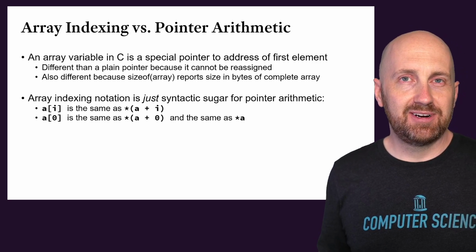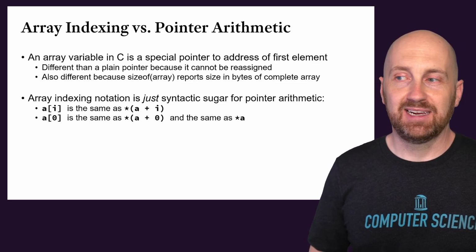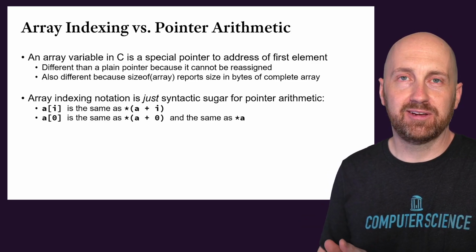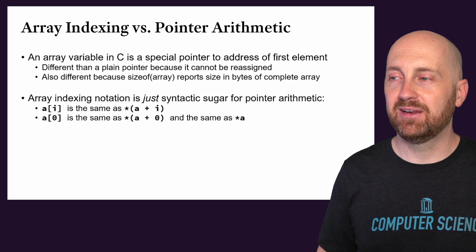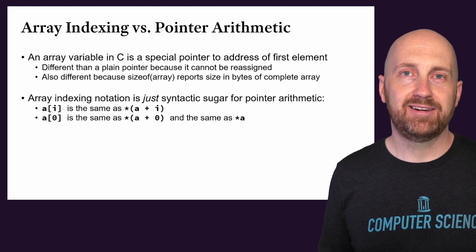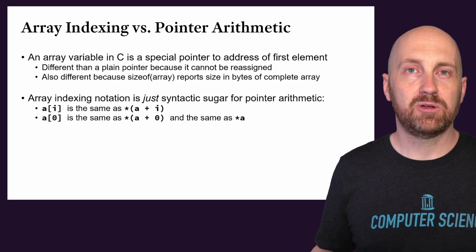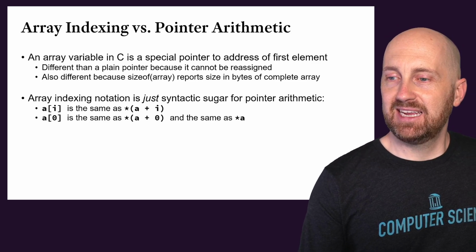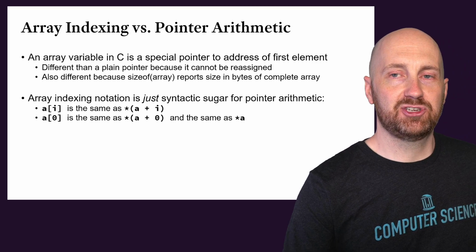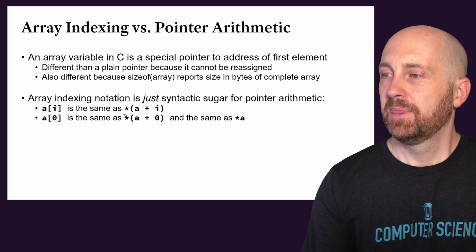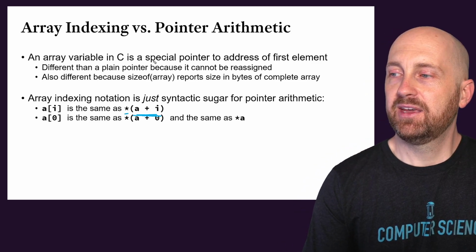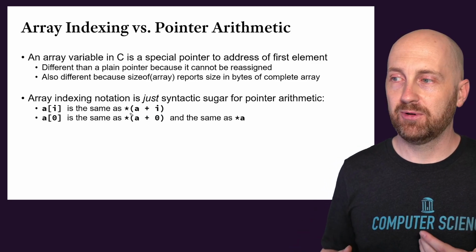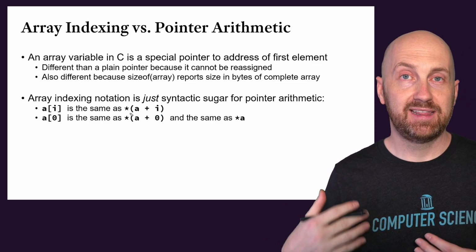We'll look at sizeof later and those nuances in the next lesson. What's really clever and interesting about array indexing is that now that we have these pointers in our pockets, we have the ability to look at, well, what does array indexing actually mean? And we'll come back to this question a few times later as we look more closely at memory addresses. But array index i is semantically the same, it's just sugar for dereferencing and then pointer arithmetic: a, which is a pointer address or an address in memory, plus i, which is the offset.